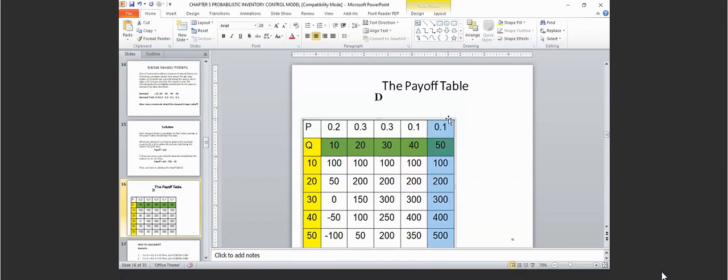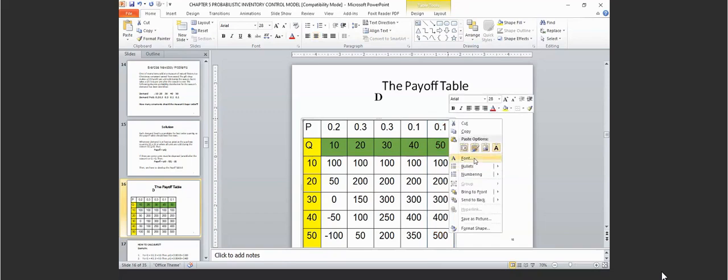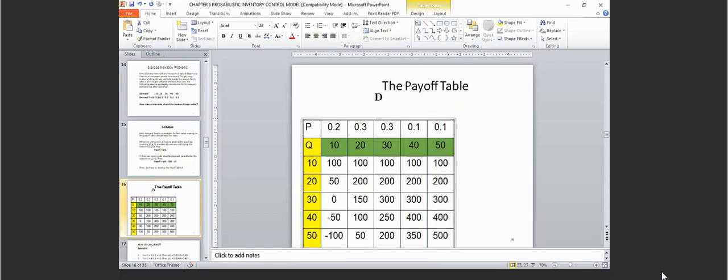So saya insert lagi satu kat sini. Mana pula dah dia punya insert tu.